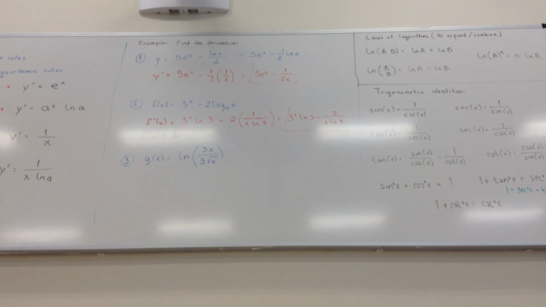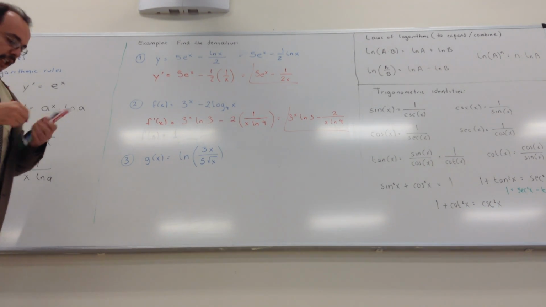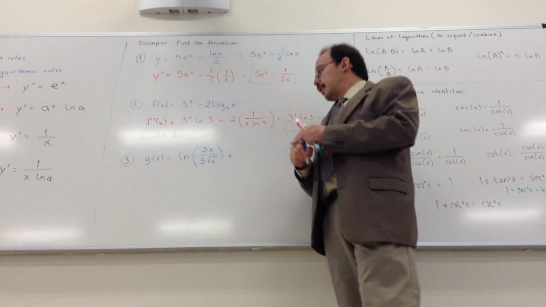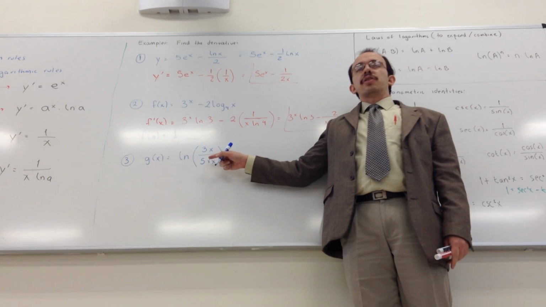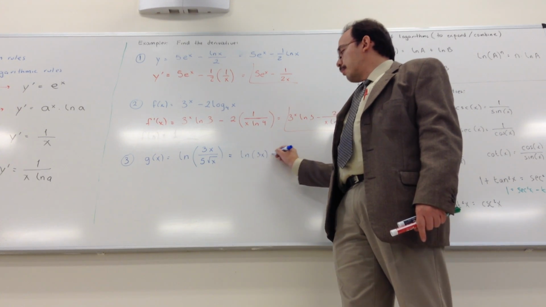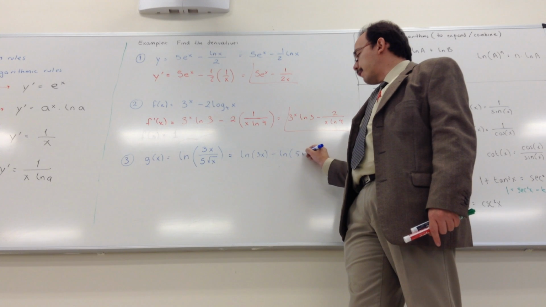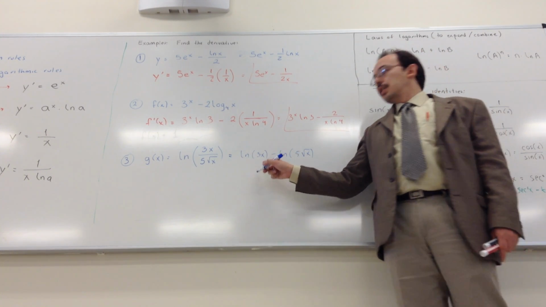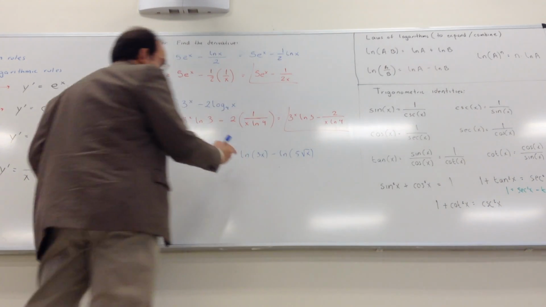So yeah, it's going to be ln of 3x minus ln of 5 square root of x. But we haven't finished yet. You still have that 3 and that 5.